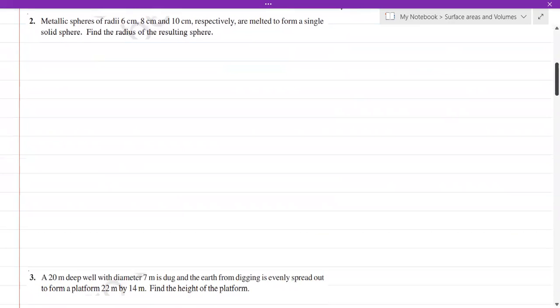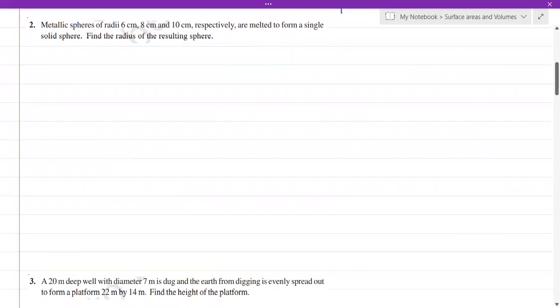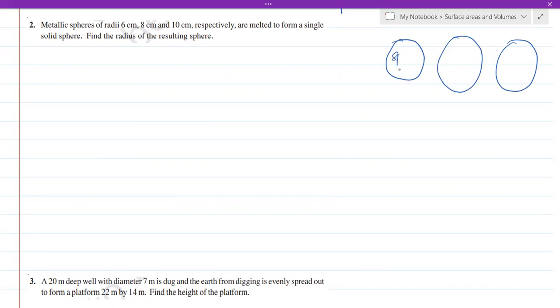Let's get into the next question. Metallic spheres of radii 6 centimeter, 8 centimeter, and 10 centimeter. So we have got 3 spheres. Let's say this is sphere 1, sphere 2, and this is sphere 3.